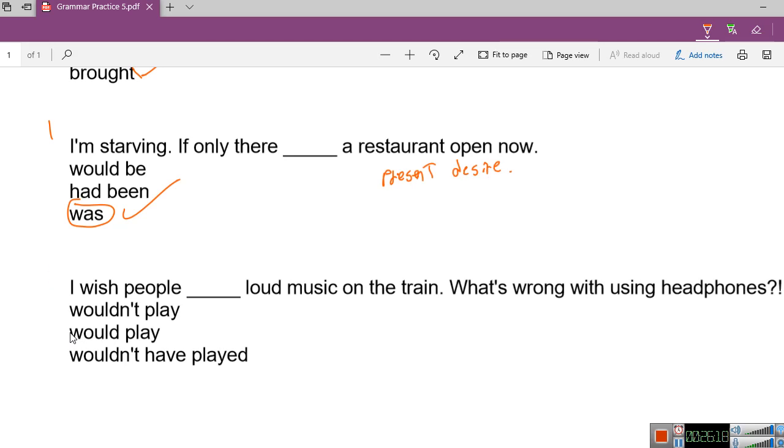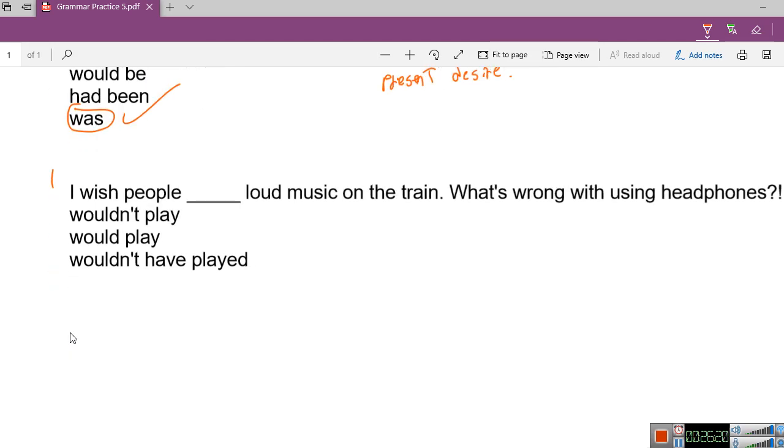And the last one. So I wish people would play loud music on the train. What's wrong with using headphones?